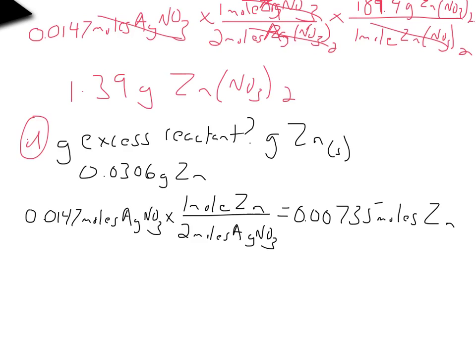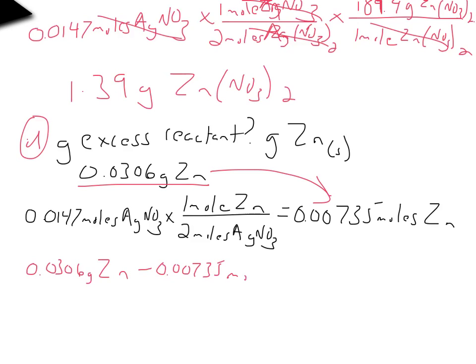And so then the next step, we can just subtract what we used from what we started with. So we have 0.0306 moles of zinc minus 0.00735 moles of zinc, and what we're left with is 0.02325 moles of zinc left over.